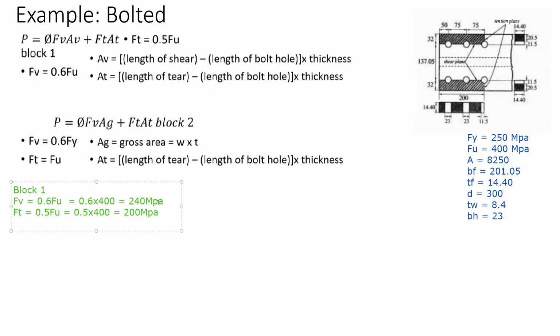Next, we solve for the area of shear, Av, and that would be ito sa taas at sa baba. This area and this area. So Av would be your total length minus your bolt hole.